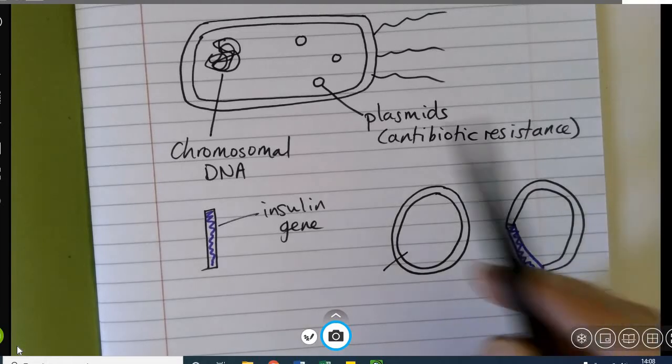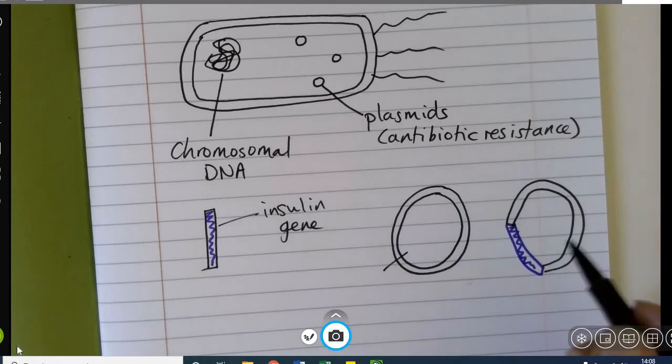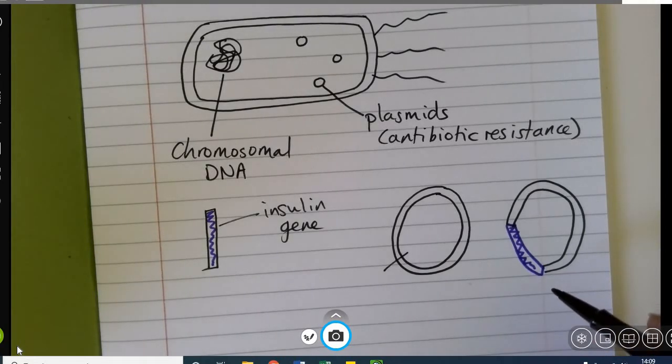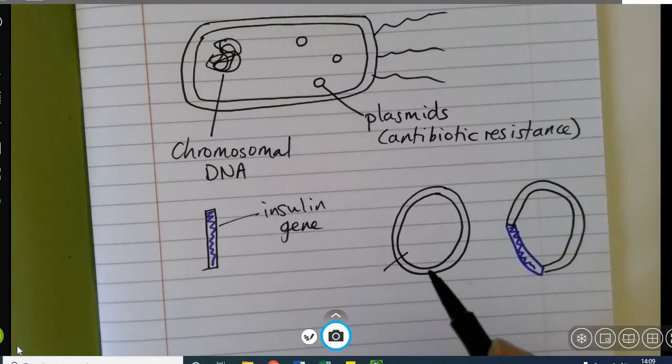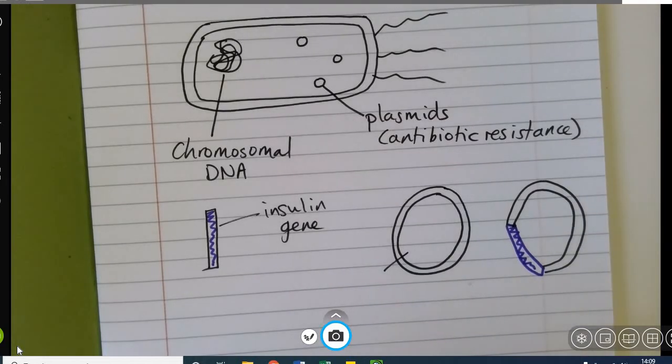And so one of the products these bacteria will make is human insulin, and we can then collect that off, purify it, and use it in treatment of patients with diabetes. So that's the general gist of how the process actually works, what we're aiming to do.